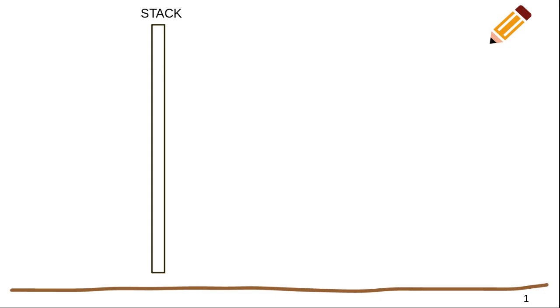And after that, BP form. This is the BP, base pointer, the lowest part of the stack address, and the BP is always 0.